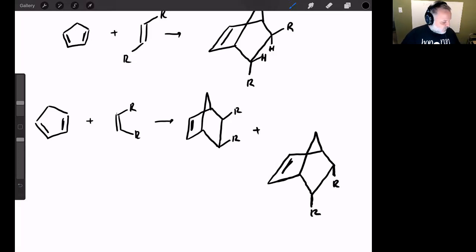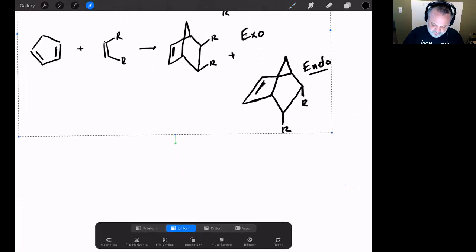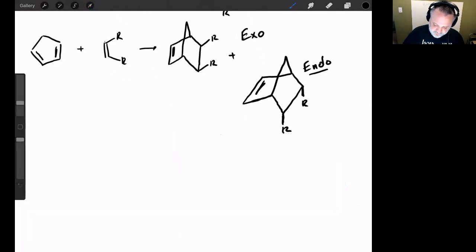This one is called exo, and this one is called endo. And it turns out there really is a preference. It turns out that this endo product is the major product.